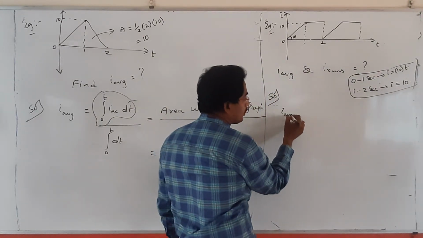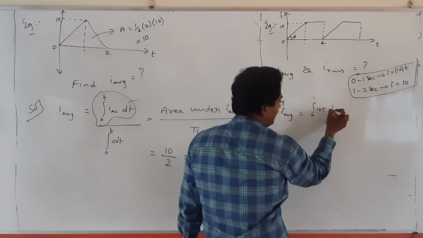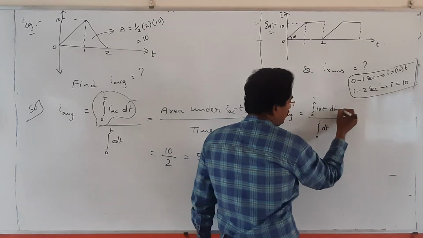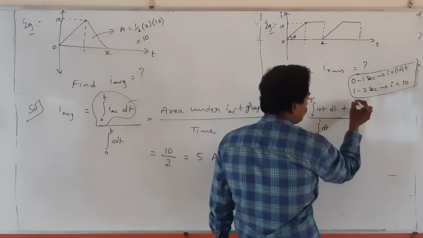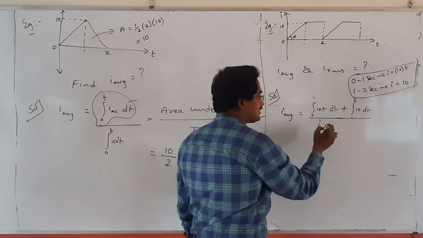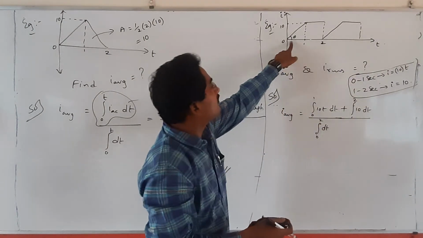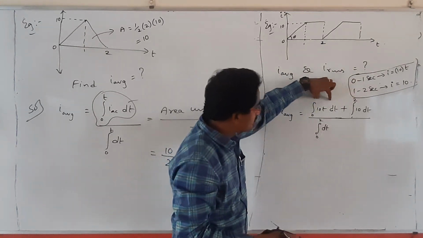I average is equal to the integral 0 to 1 of I_AC, meaning 10t dt, divided by the integral 0 to 1 of dt, plus the integral 1 to 2 of 10 dt, over the total interval of 2 seconds.